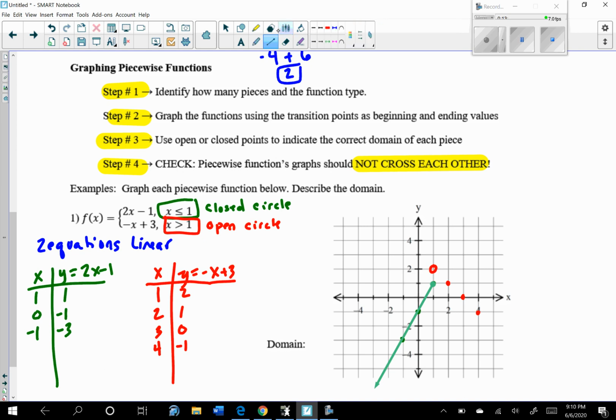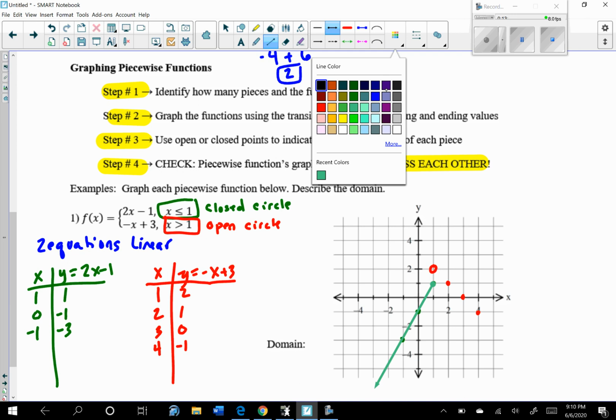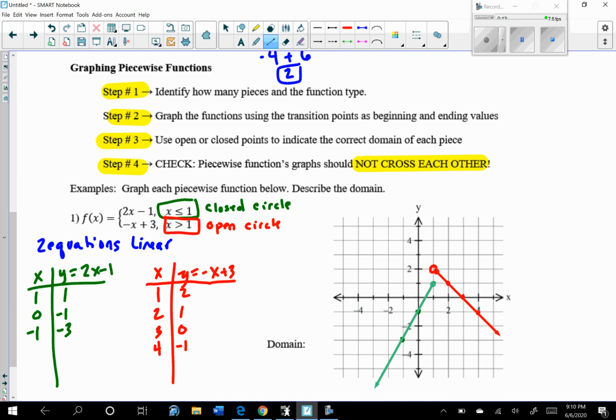Then I use my ruler to connect the points and draw my straight line. And there we go. The reason it's important that you use that circle is that otherwise you would be missing all the x values in between 1 and 2 right here. So that is why that's important.